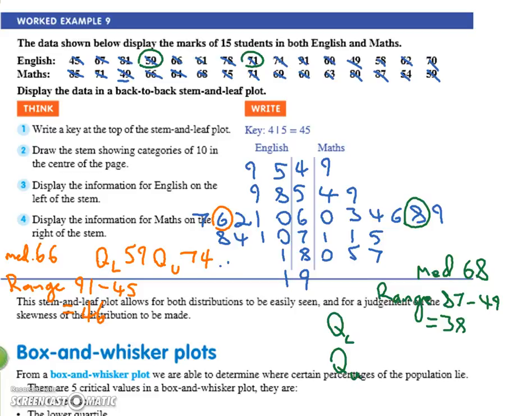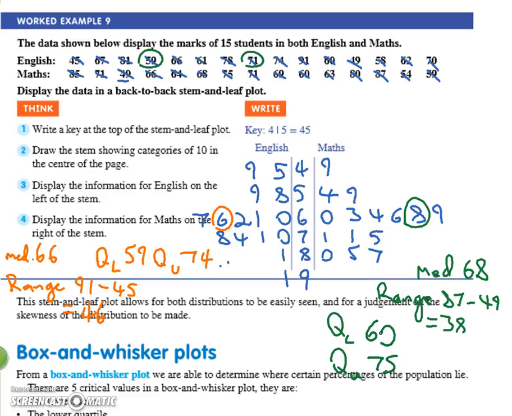Remember, it's going to be the same. It's going to be the 4th from the start and then the 4th from the end. So your upper quartile is 75. What's your lower quartile? 1, 2, 3, 60.